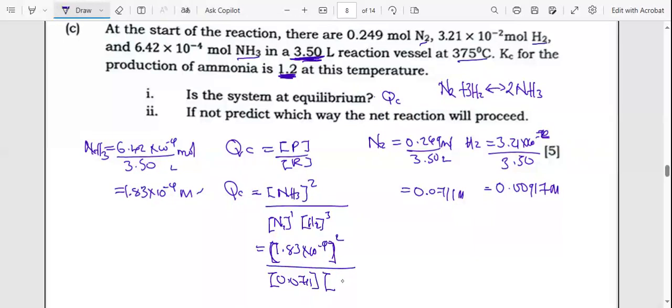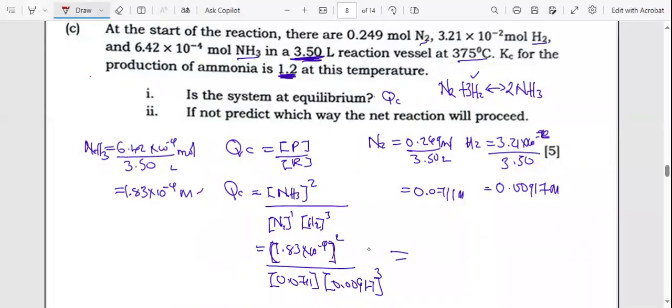Then we have hydrogen, 0.00917, raised to the power 3 from the given balanced equation.